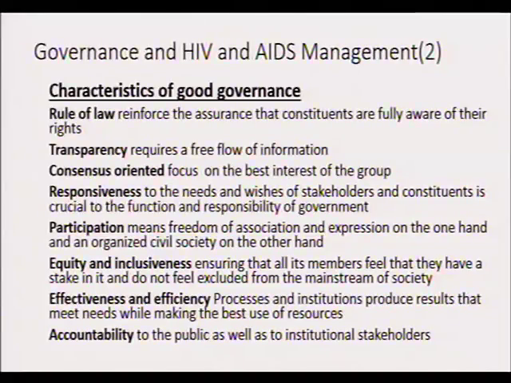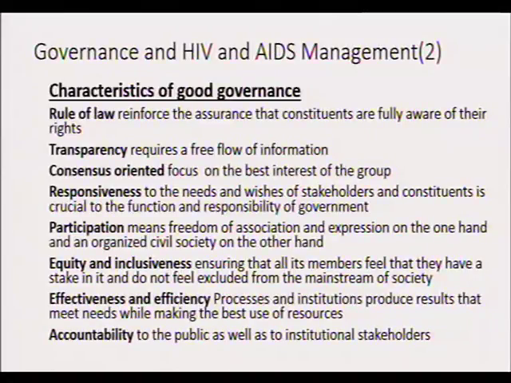The first one is the rule of law, which means that any organization needs to operate within the constitution, the Constitution of Namibia. And it's very important that the rule of law is adhered to and enforced.